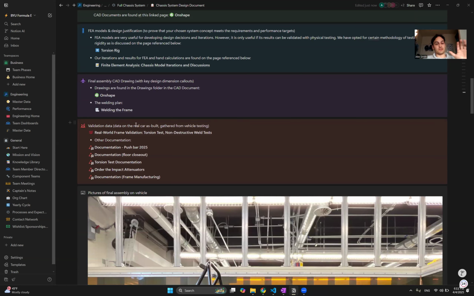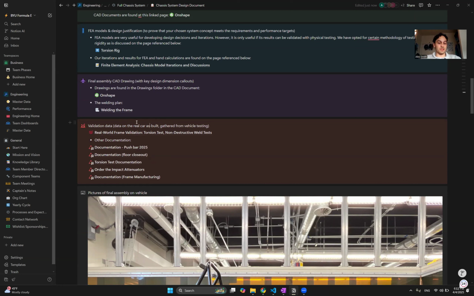So once you've built it and you start putting things on the car, you're going to want to test what you have before you put it on the car. So this is a place where you link pages for validation for your design because FEA is only so good. Your hand calculations and math are probably idealized and they don't behave as perfectly as you think they would in real life.